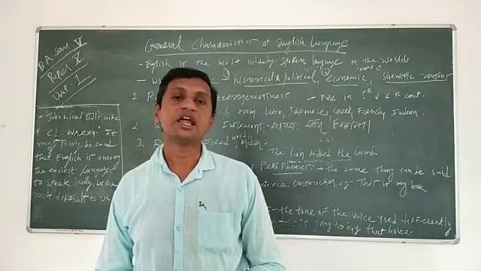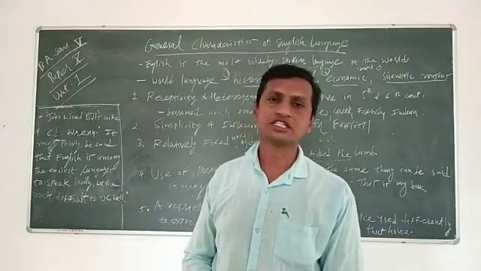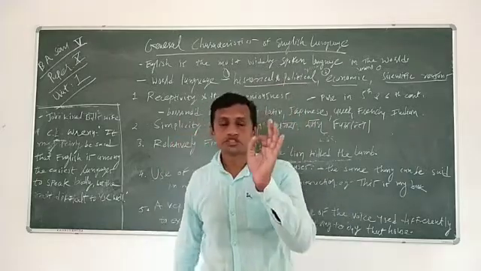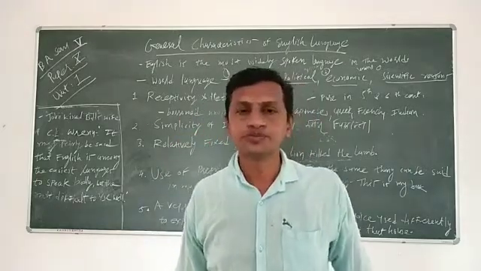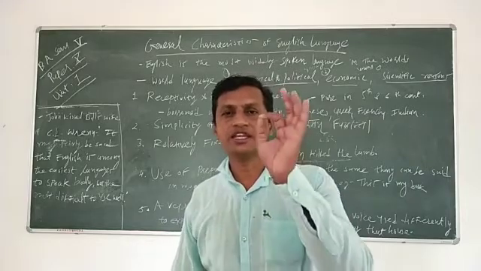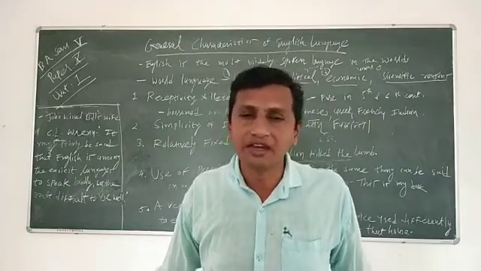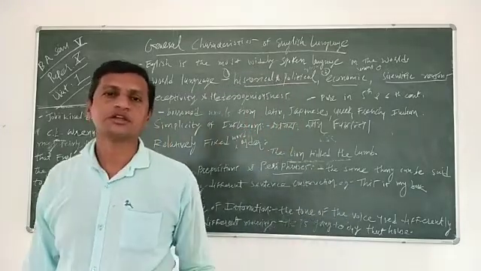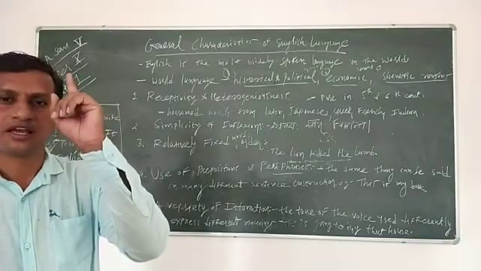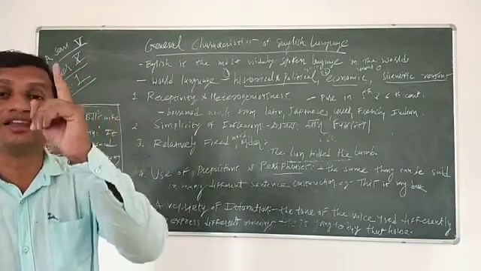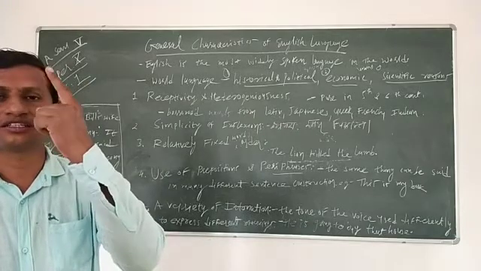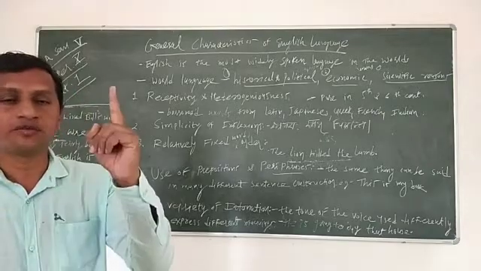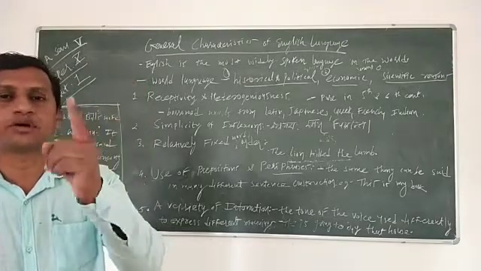But there are inherent characteristics of the English language which are also most prominent in spreading English all over the world, and they are widely responsible for English being accepted as a world language, as the second national language of many countries, as the additional language of many countries, and as the administrative language of many countries.